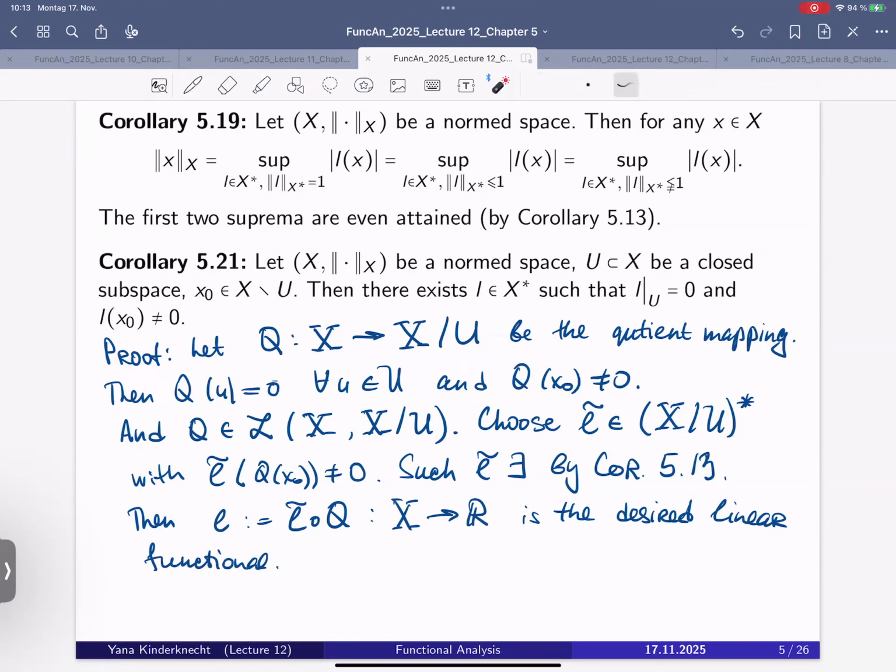So L is linear because it's a composition of two linear things. And L is continuous because it is a composition of two continuous things. That's why it is exactly what we want.